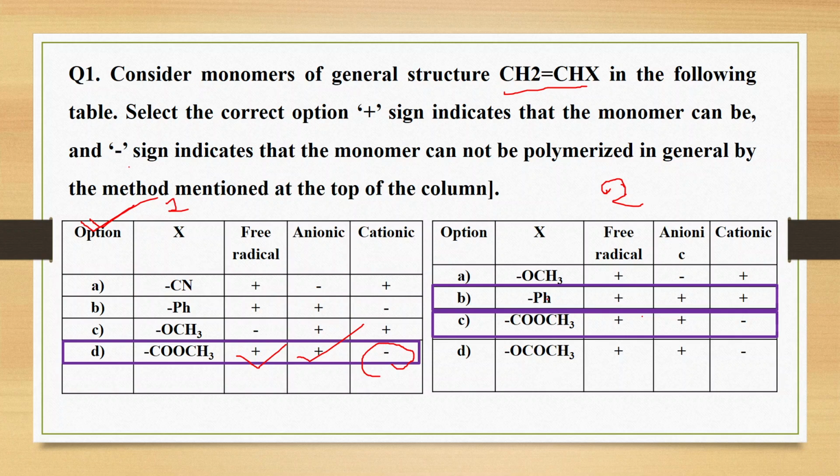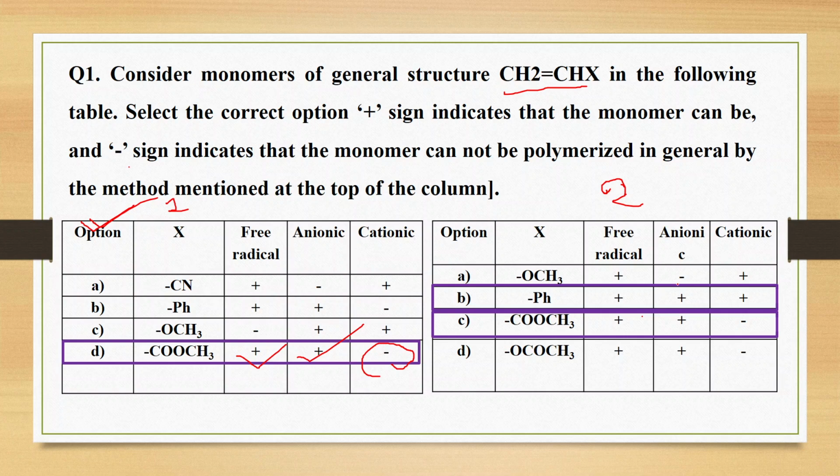The Ph group is very interesting because it can show both minus R and plus R effect, and neither of them is too strong. But in both cases, as it has many double bonds in its structure, it can stabilize both an anion and a cation.